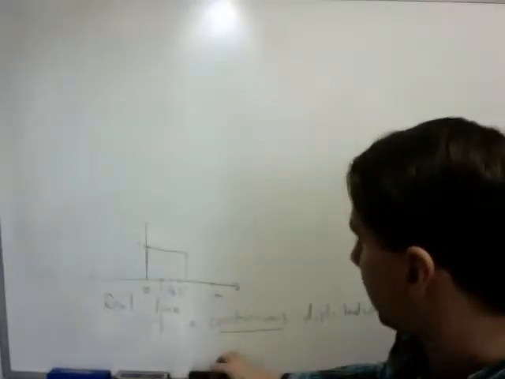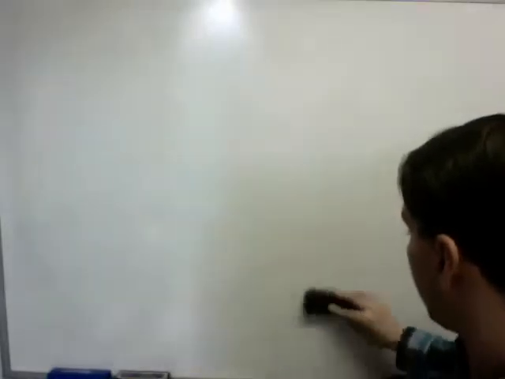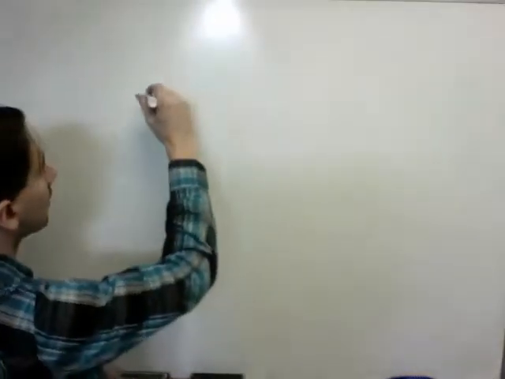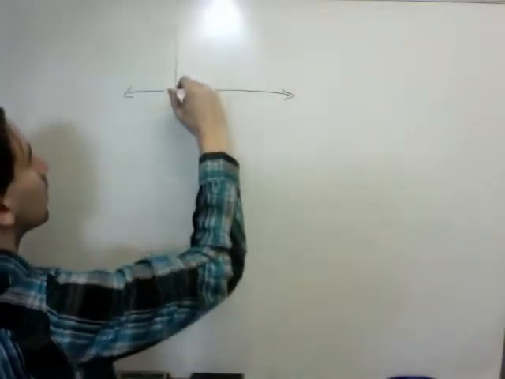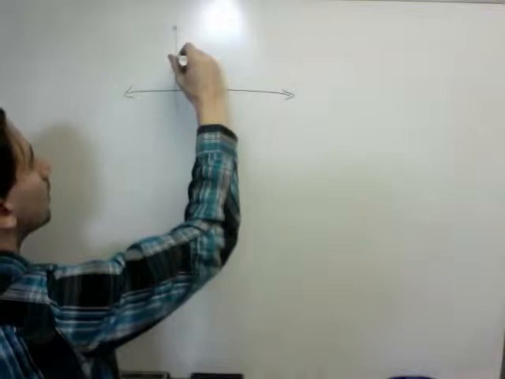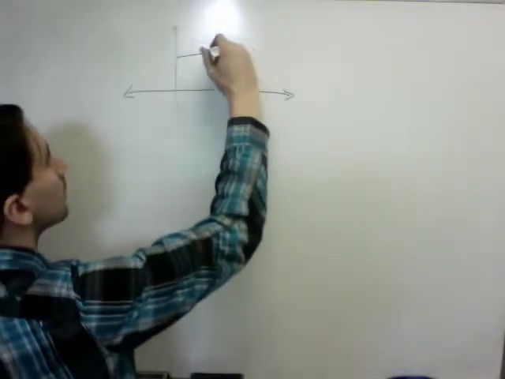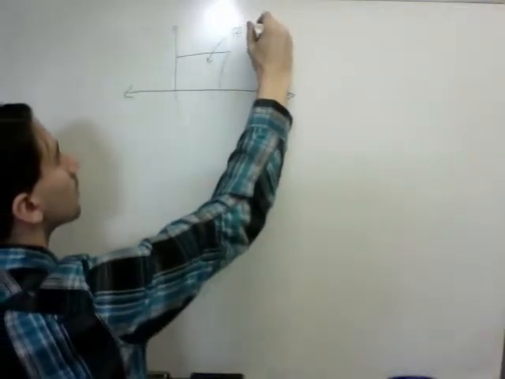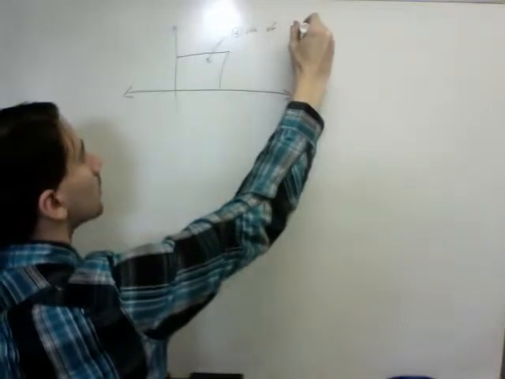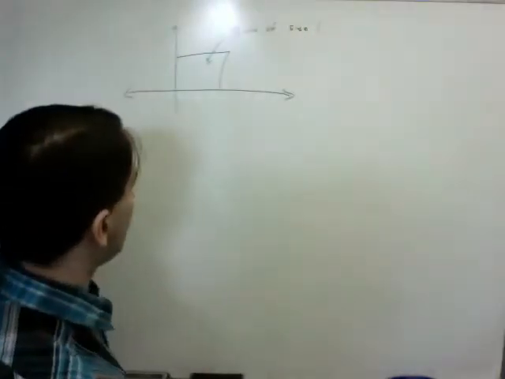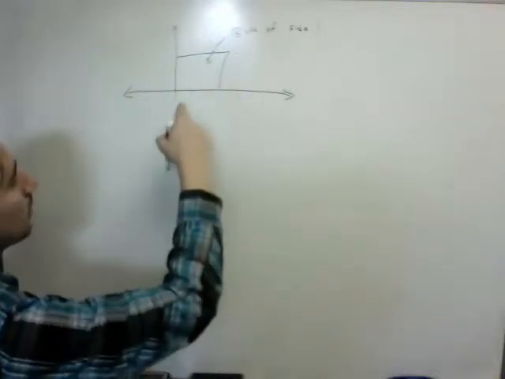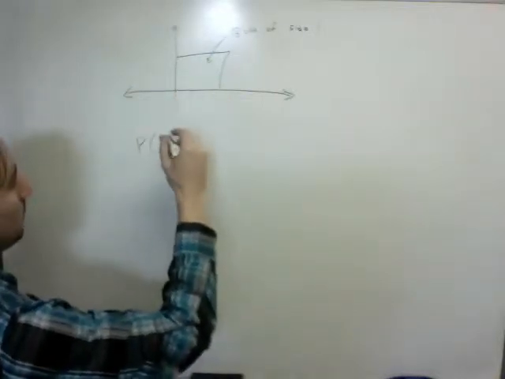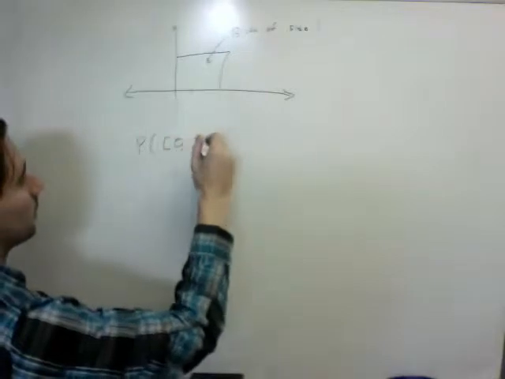So let's take this kind of picture where we just take the block and set it on the line. So we have a line of scales here that are going to try to measure weight. And here's our block of size 1. And maybe we want to find the probability of the interval from 0 to 1 over 4.